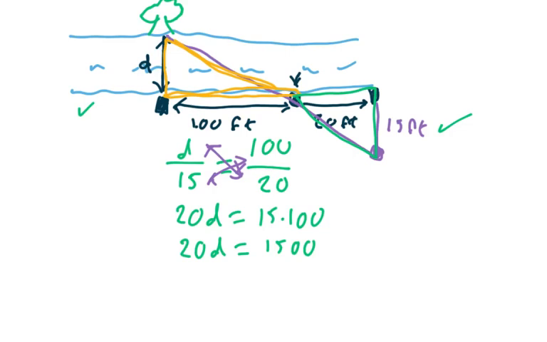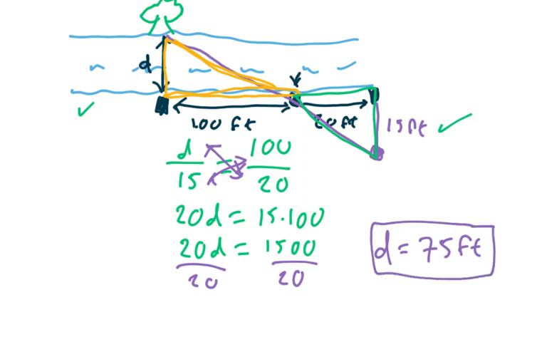Then you could divide both sides by 20, and 1,500 divided by 20 turns out to be 75 feet. So the width of the river is 75 feet, all using a trick that surveyors use, and it involves similar triangles.